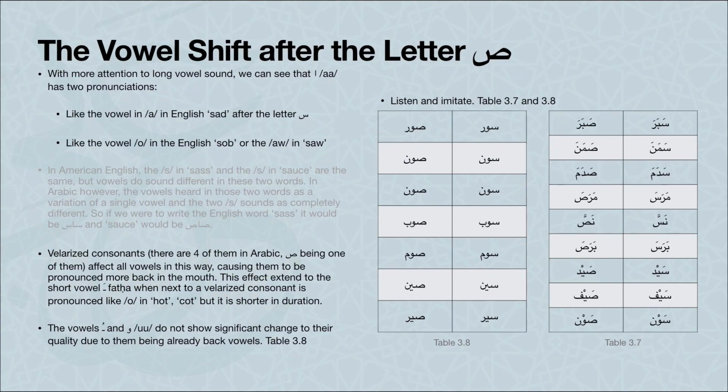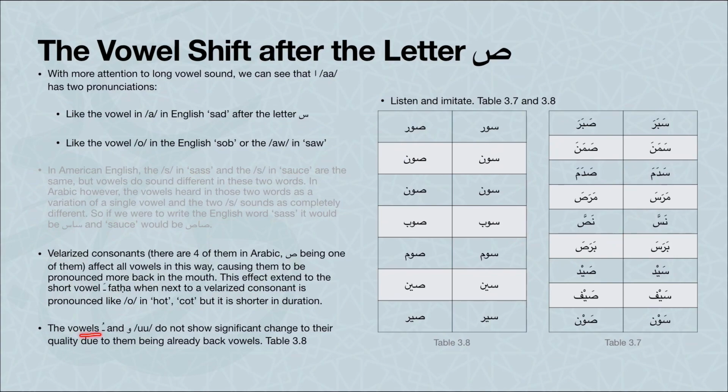Now there's another one. Some vowels are more back in the mouth, or too far away from the area of effect, the area of the sod or these letters' pronunciation. So they don't show the same degree of shift, especially with dhamma.